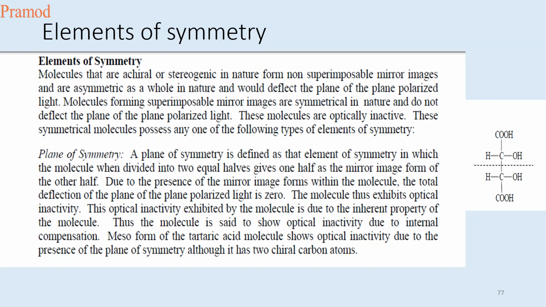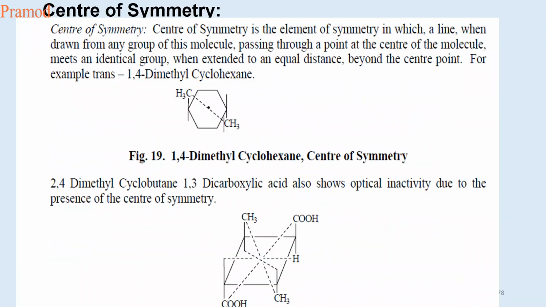They contain a plane of symmetry between the two chiral atoms. That's why they are said to be achiral. So this particular element of symmetry is known as the plane of symmetry. It is an internal compensation, because of the internal plane of symmetry. They are mirror images.